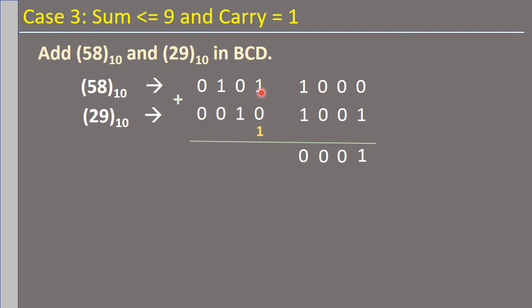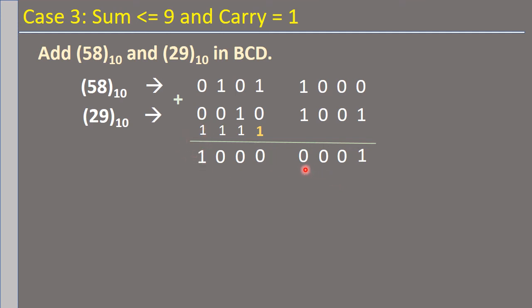Now 1 plus 0 plus 1 is nothing but 0 with a carry of 1. 0 plus 1 is 1, and when 1 is added with 1, it is 0 with a carry of 1. 1 plus 0 is 1, and 1 plus 1 is 0 with a carry of 1. 0 plus 0 is 0, and 0 plus 1 is 1, and there is no carry generated.